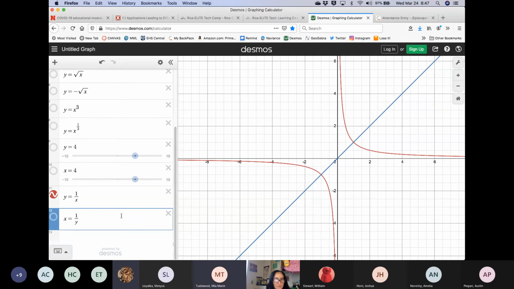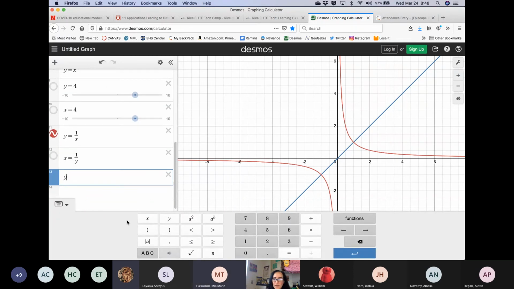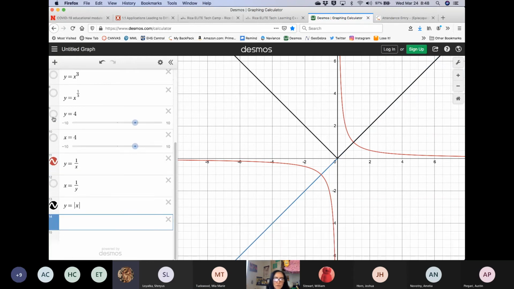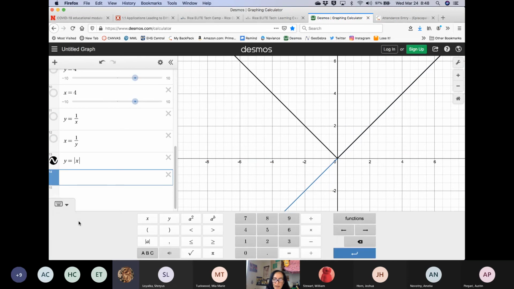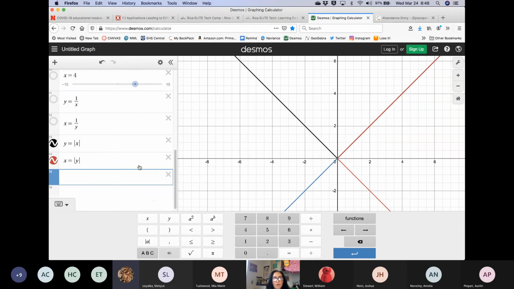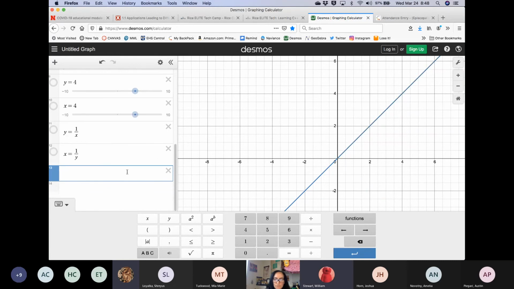Isn't it the absolute value function? Well, if I take y equals the absolute value of x, and then I take x equals the absolute value of y, because I'm just interchanging domain and range, oh, they're not the same. y equals negative x.